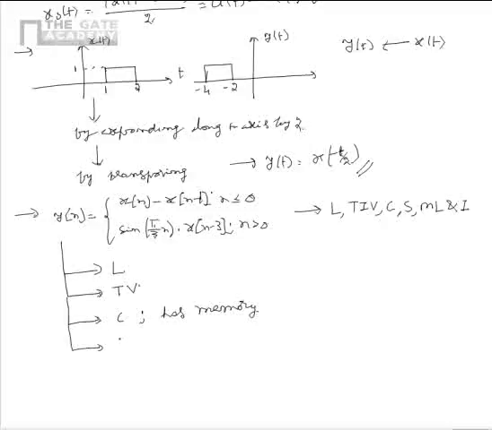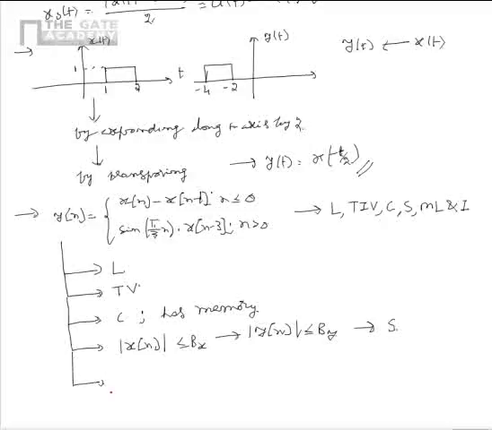We can also say that for all values of n, for a bounded input, that is mod of x of n less than or equal to bx, we will get a bounded output, that is mod of y of n is less than or equal to by. From this, we see that the given system is stable.